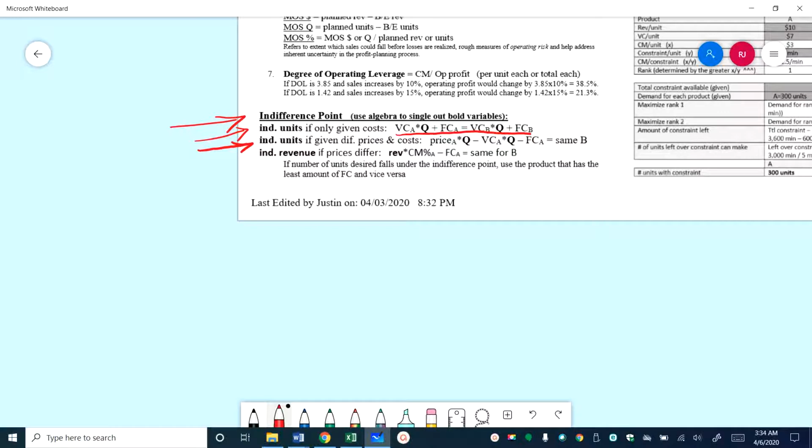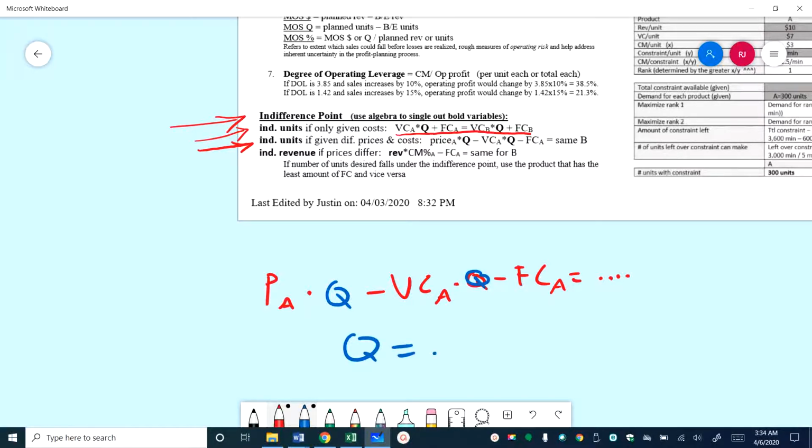So in this case, you still solve for Q. So the price of A times Q, but this time you're going to subtract variable cost of A times Q minus fixed cost of A equals the same thing for B. Again, you're going to single out Q, so that Q equals so-and-so.